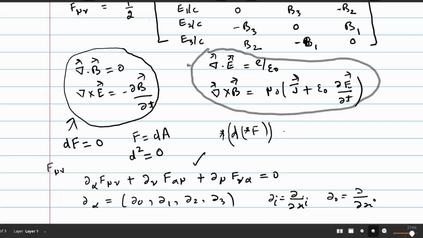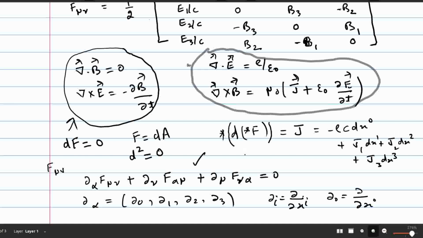So we get a 1 form and we put it equal to J, where J is for current, which as a 1 form can be written as minus rho c dx0 plus J1 dx1 plus J2 dx2 plus J3 dx3.